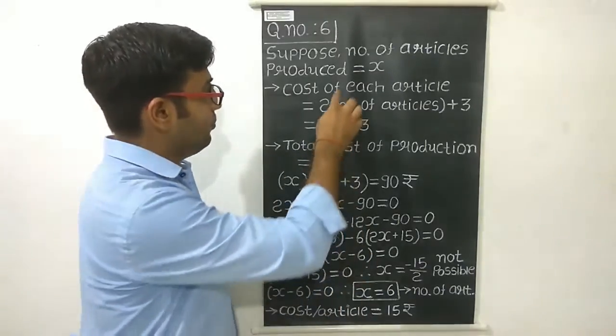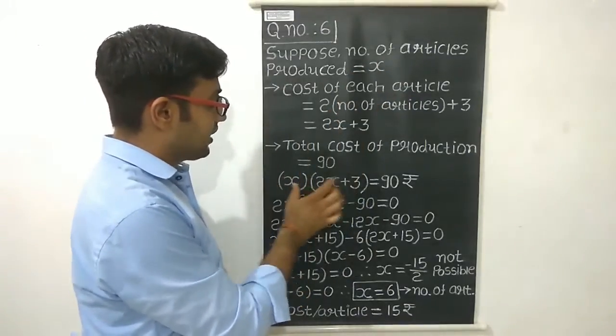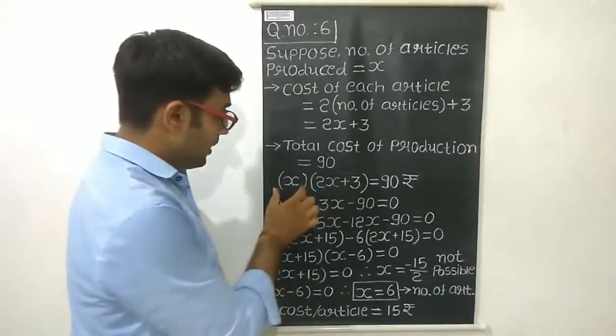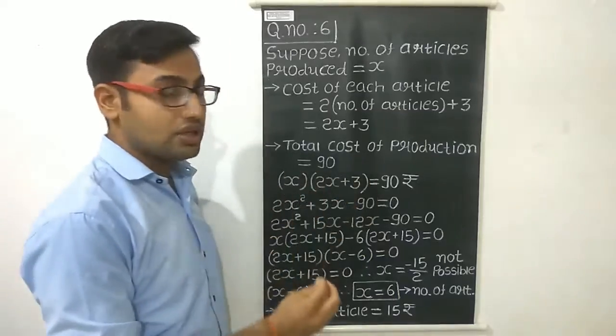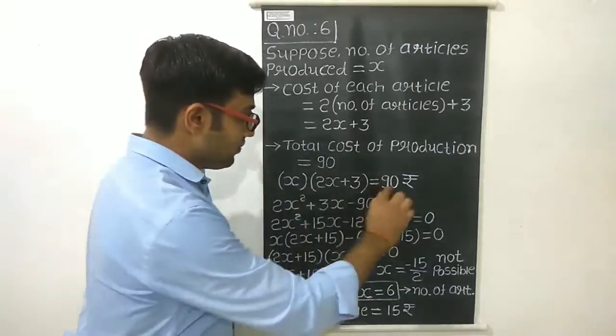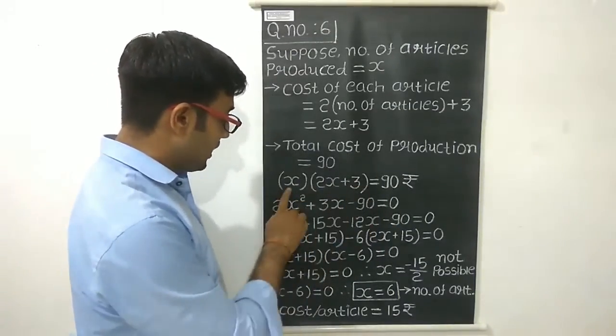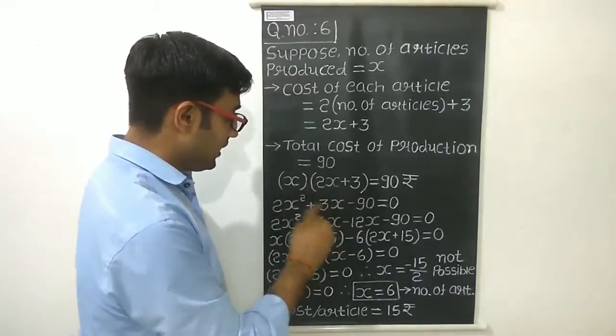So here the number of articles is x and the cost of each article is 2x plus 3. The multiplication of both gives us the total cost of production. Now multiply by x, and we get 2x square plus 3x.